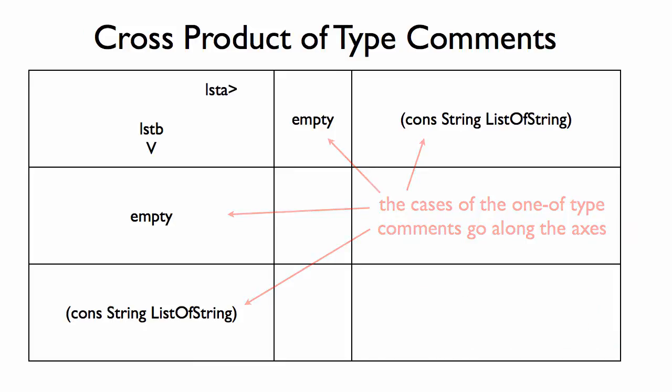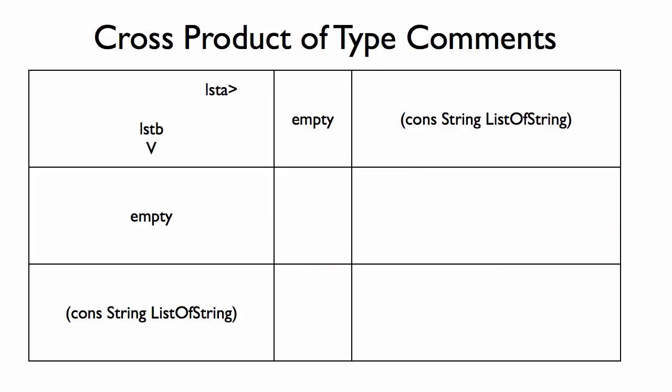And now let's see, what is this table telling us? Well, this case here, the empty case, that's the case where both lists are empty. It says list A is empty and list B is empty. This box is where we're going to talk about both lists being empty.